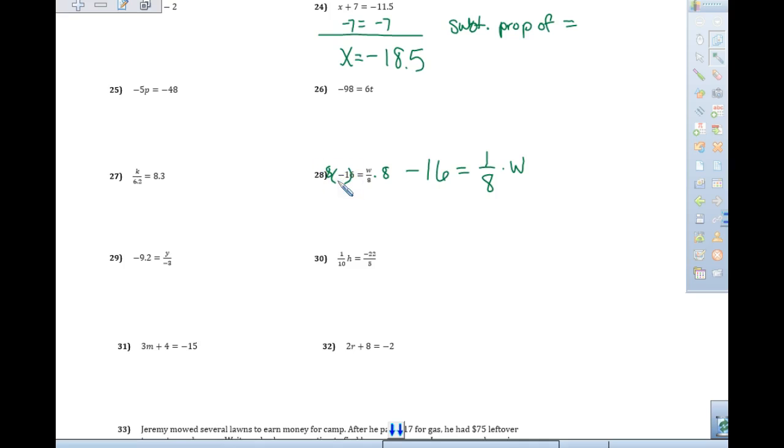Would you use the same property here, multiplying both sides by 8? I probably would. So you're going to write your property: multiplication property of equality. Those 8's cancel. What is W equal to? Only the evens write the property, okay?